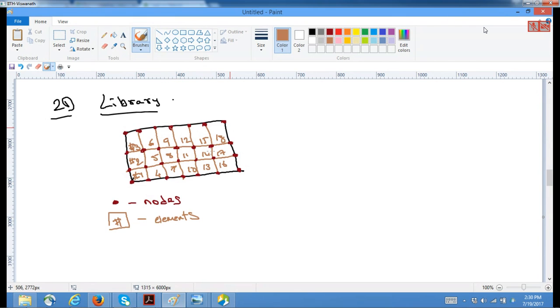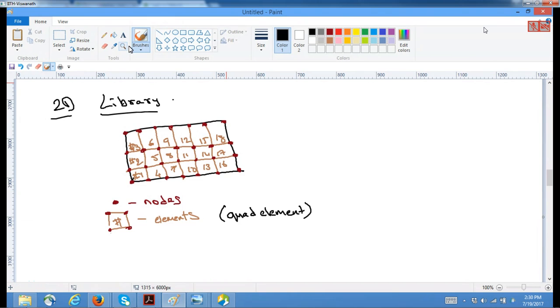So elements are bounded by nodes in this manner. Now in this, the natural thing you would see is that this is what is called a quad element. This one is a quad element.